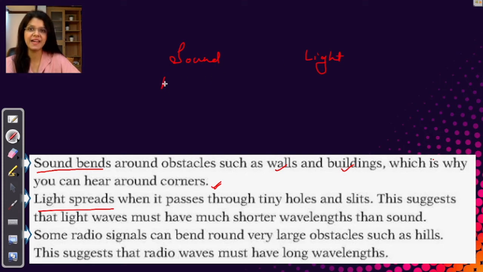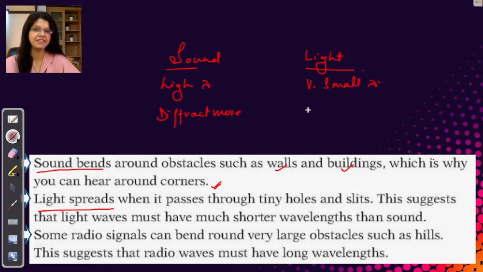Sound has a very high wavelength. Light has a very tiny or very small wavelength. Light and sound, so which will diffract more? Sound will diffract more. Light will diffract less. Let us understand these 2 points.